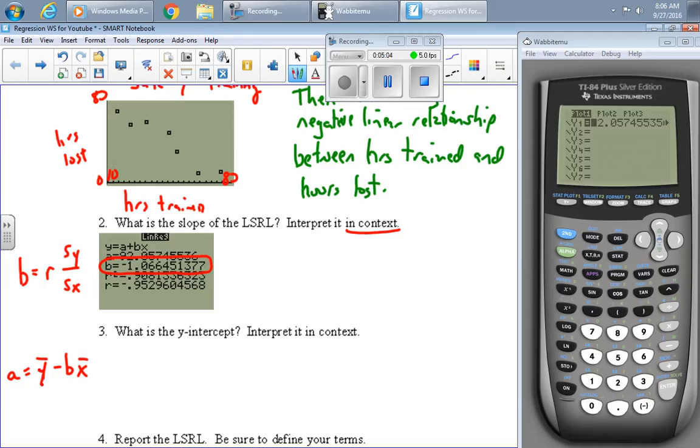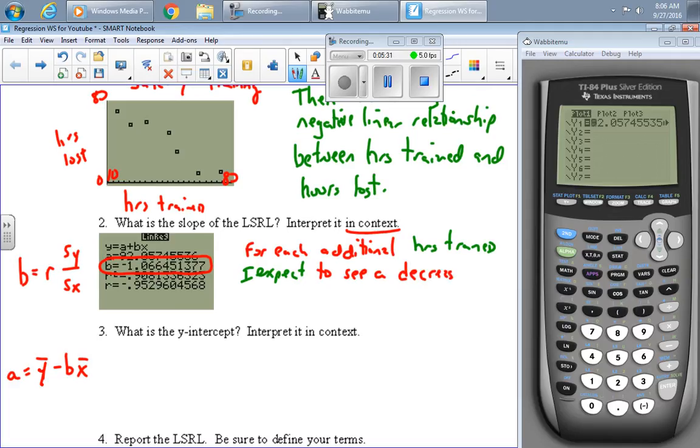So I'll say here, for each additional x, now x was hours trained, I expect to see a decrease because it was negative, of 1.066 hours lost.